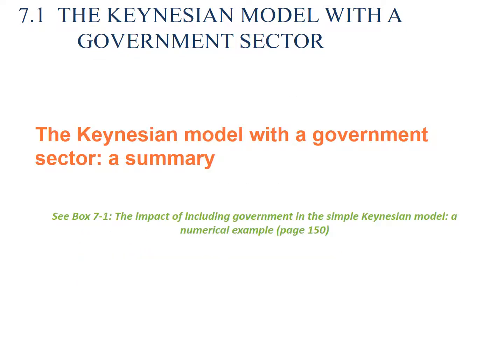As we introduce the government sector into our model, we have noticed that the introduction of government spending increases autonomous aggregate spending and raises the equilibrium level of income, ceteris paribus. The increase in income is a multiple of the change in autonomous spending; that is, government spending has a multiplier effect on income.